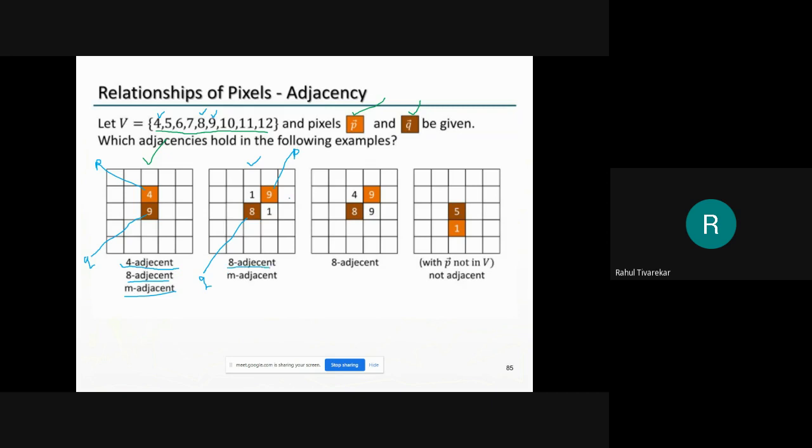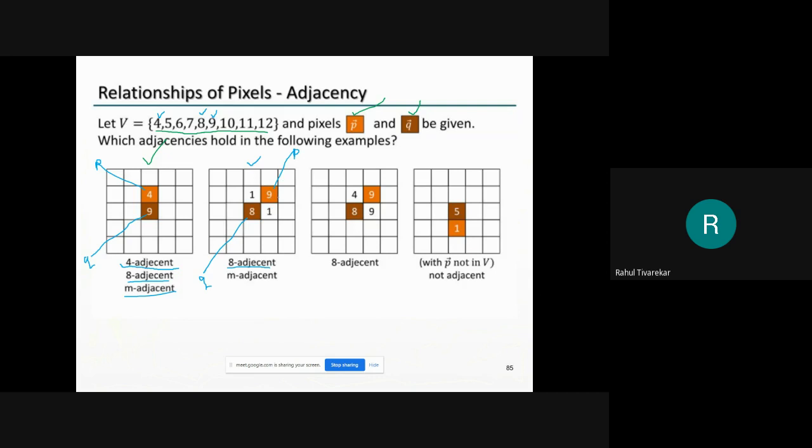Next, whether pixel P and Q are M-adjacent. So there are two ways. We first see whether they are 4 neighbors. No, that criterion is not satisfied. Then we will see whether they are diagonal neighbors. Yes, they are diagonal neighbors.